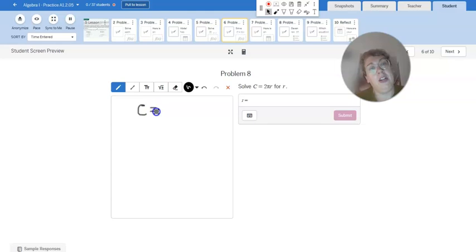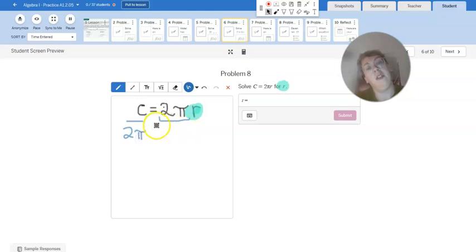Our equation that we're starting with is a circumference equation, 2 times pi times the radius, and it is asking us to solve for r, so we want to get r all alone. Next to r we have this 2 and pi that are being multiplied, opposite of multiplication, division.